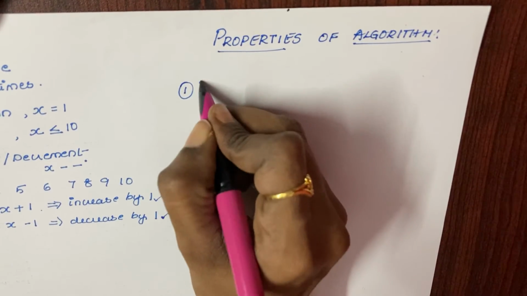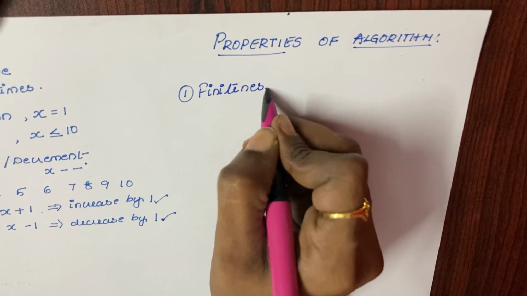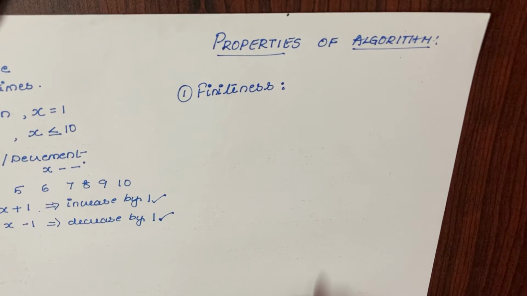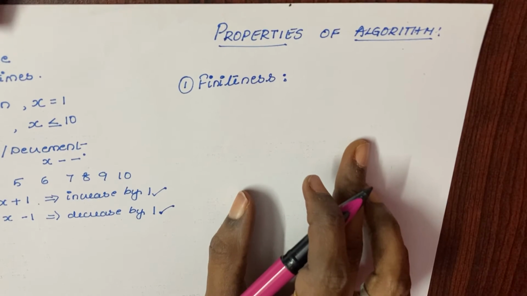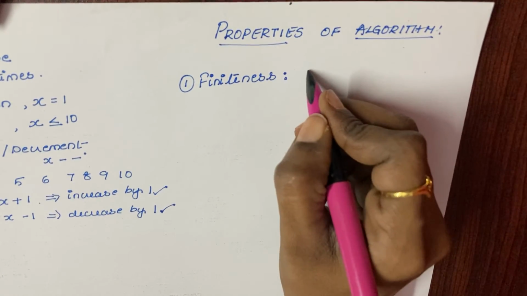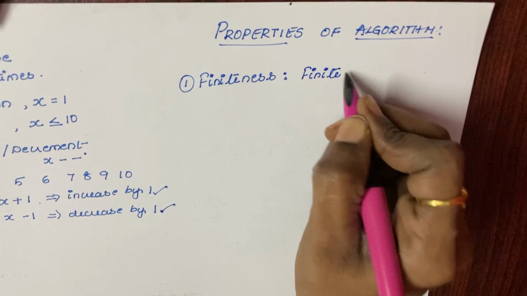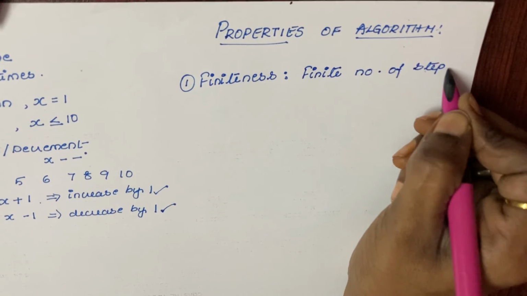First one is called finiteness. Here in finiteness, the number of steps present in an algorithm will be countable. We produce a finite number of steps because an algorithm is a step-by-step process.